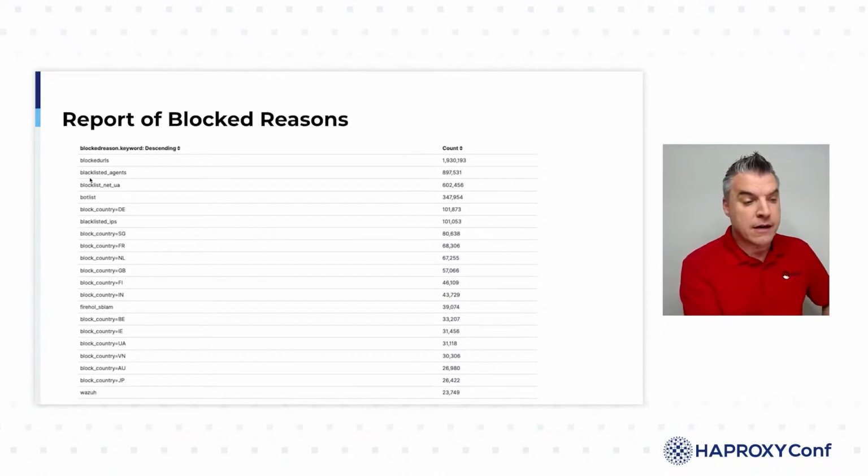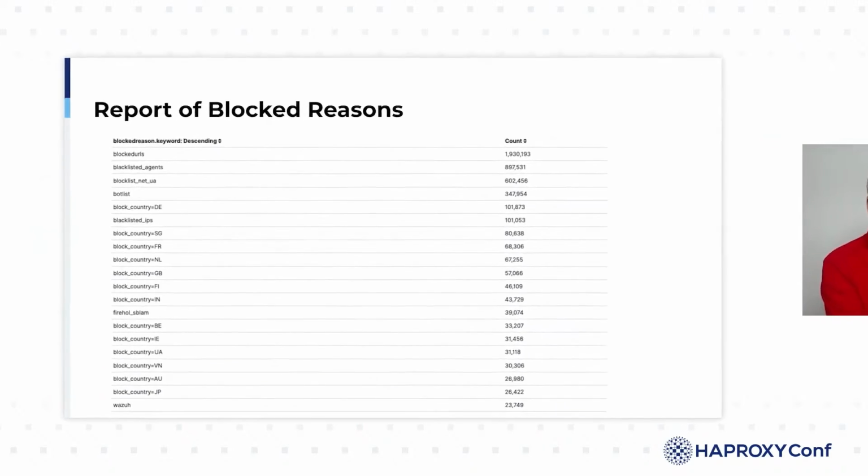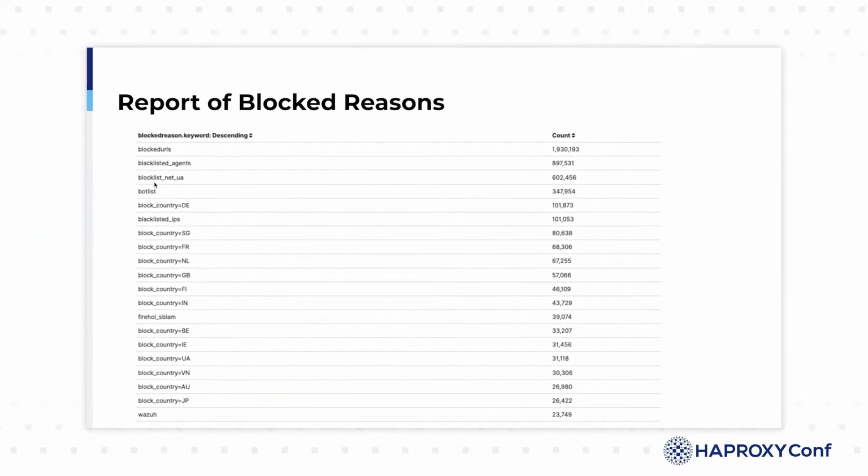For our blacklisted user agents, we had 897,000 blocks. Additionally, going back to Firehol and the level 1, level 2, and level 3 lists, you can see that the number one block list being blocked is the block list net UA, and it had 600,000 blocks just because it was on the bad list.